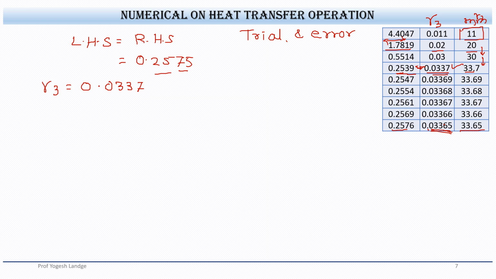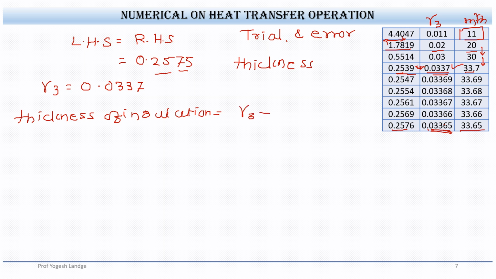Now the question is we need to calculate the thickness. We are interested to know the thickness, and till now we calculated only the radius. We know the thickness of insulation is the R3 value, the radius of insulation, minus the radius of the outer pipe.